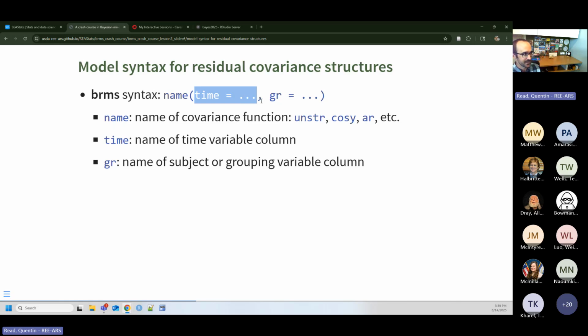That would be day in this case. And gr is the name of the grouping variable, the subject, so that would be the individual cow. So we're saying the correlation of repeated measures in time by day within each cow, those residuals are correlated by unstructured covariance, compound symmetry, or autoregressive.